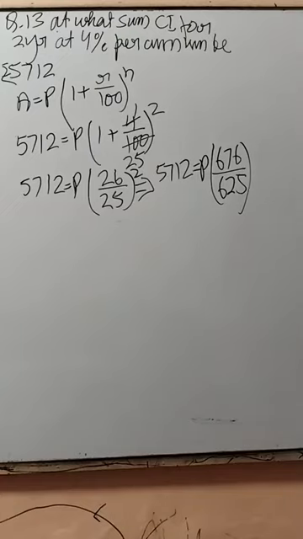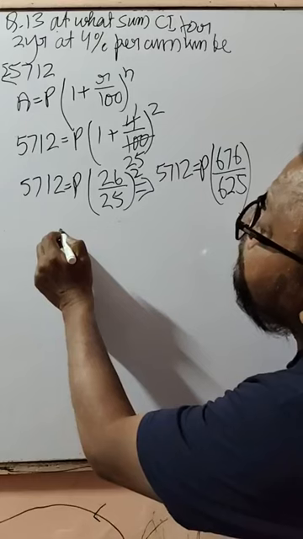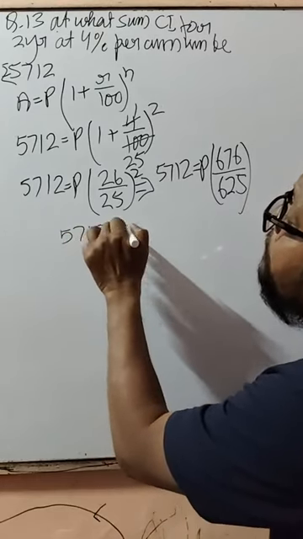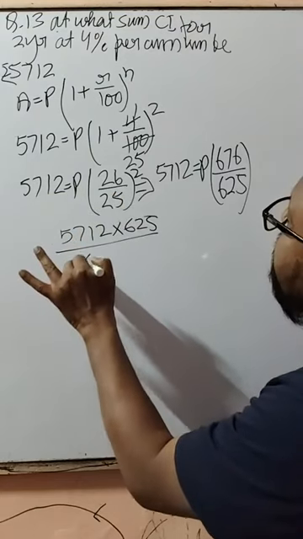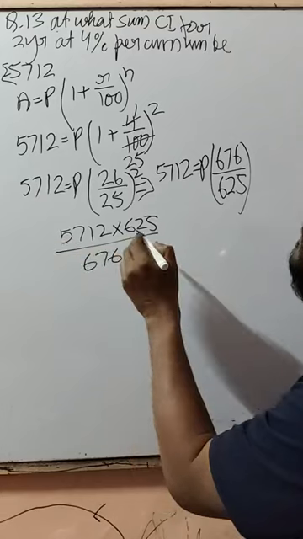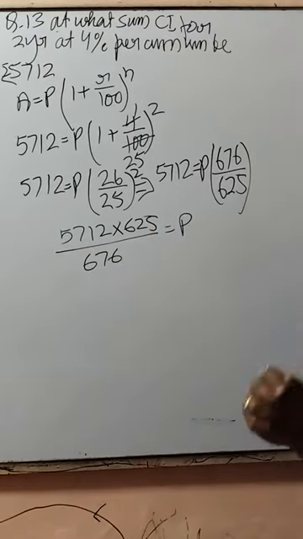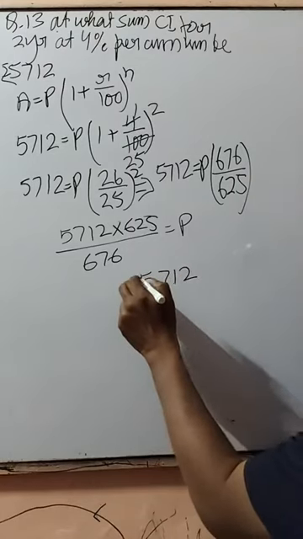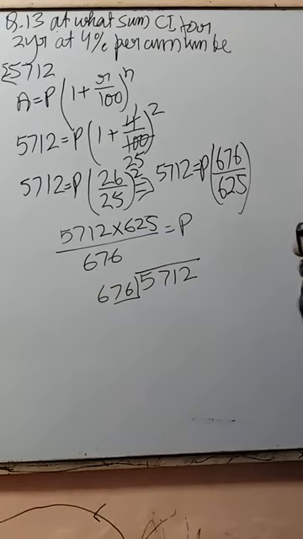So now you bring it, it becomes 5,712 into 625 upon 676 is equal to P. So when you divide 5,712 by 676, then what happens?